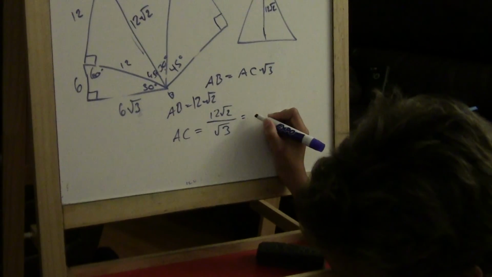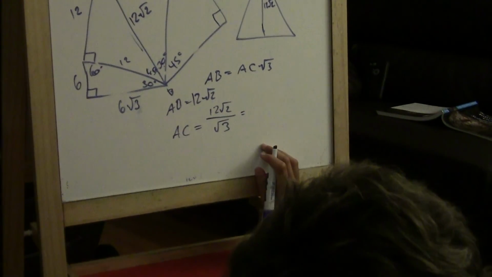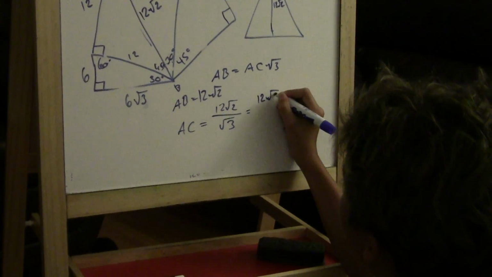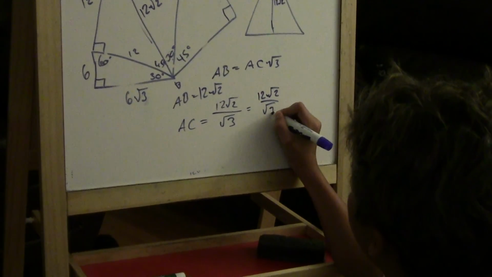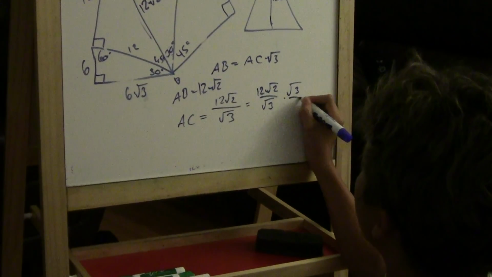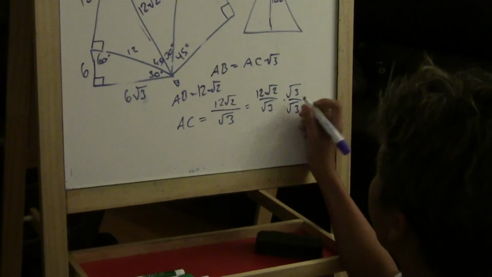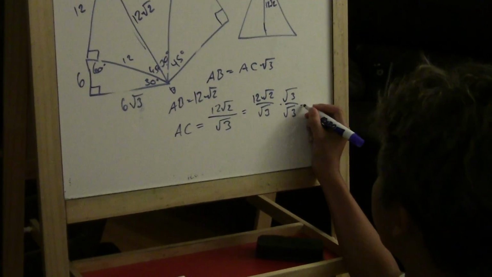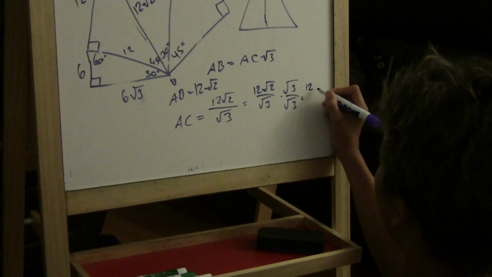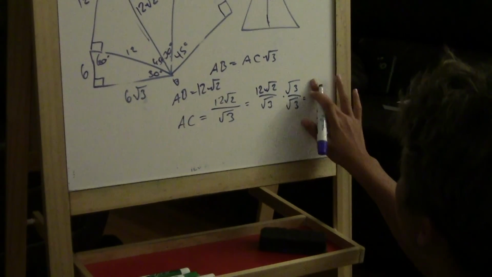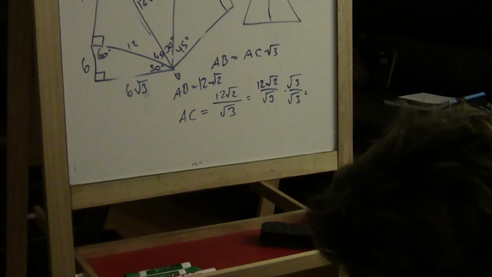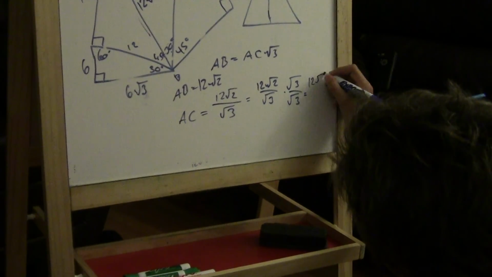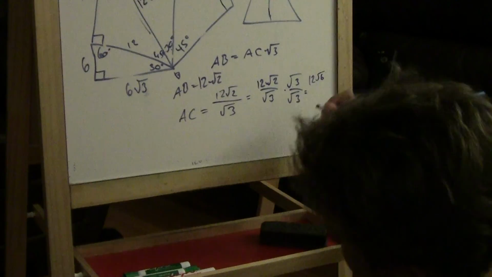So then we start simplifying. This is 12 times the square root of 2 over the square root of 3. We can multiply that by the square root of 3 over the square root of 3. So when it's multiplied by the square root of 3, it is equal to 12 times the square root of 6.